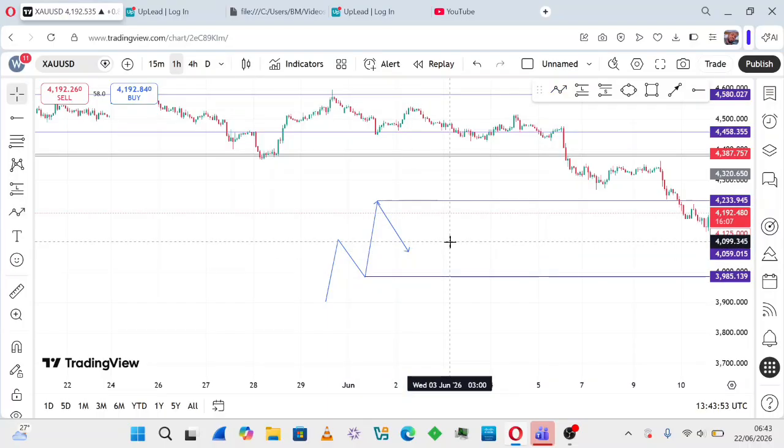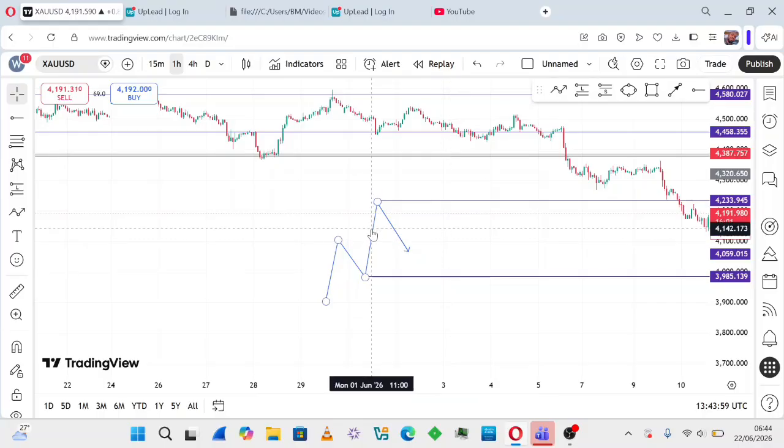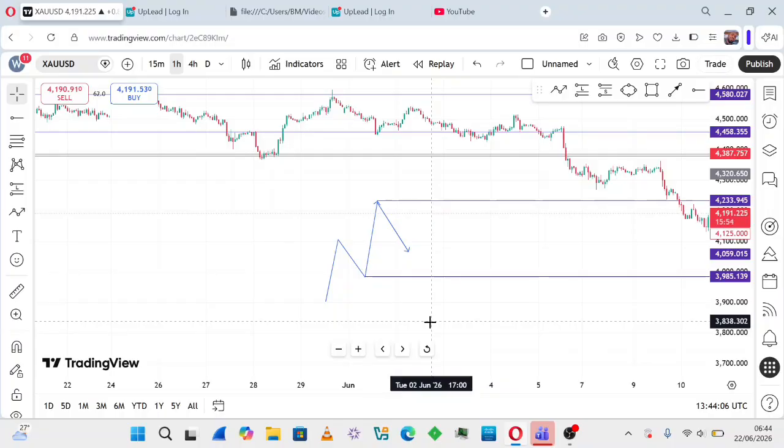Now, the market has made a lower high. So before you say that the market has changed structure, it should never break below this level, because it's an uptrend. You should respect the lows while you keep breaking the highs. That's the law of trend.